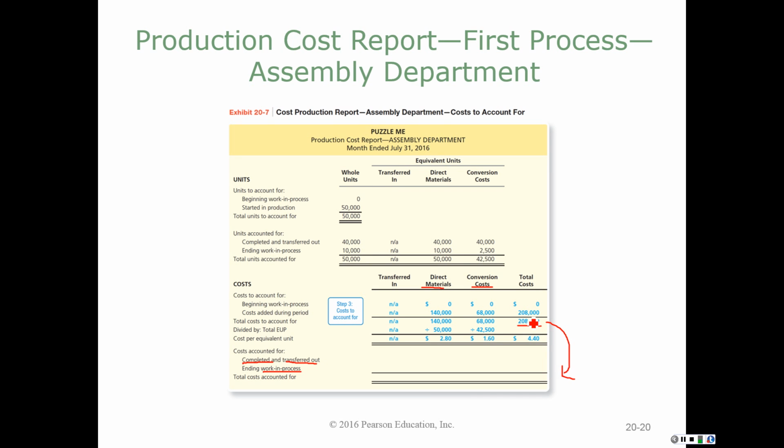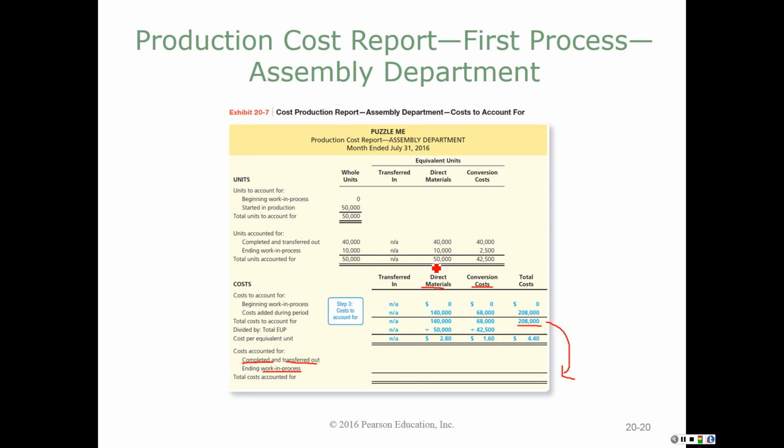And the way we do that is total cost divided by the equivalent units of production. Okay, so remember we said that out of the 50,000 units that were taking place in this process this period, even the 40,000 that are complete have all their materials, and the 10,000 that are in work in process have all of their materials. So all of the costs for materials have already been added to this department.